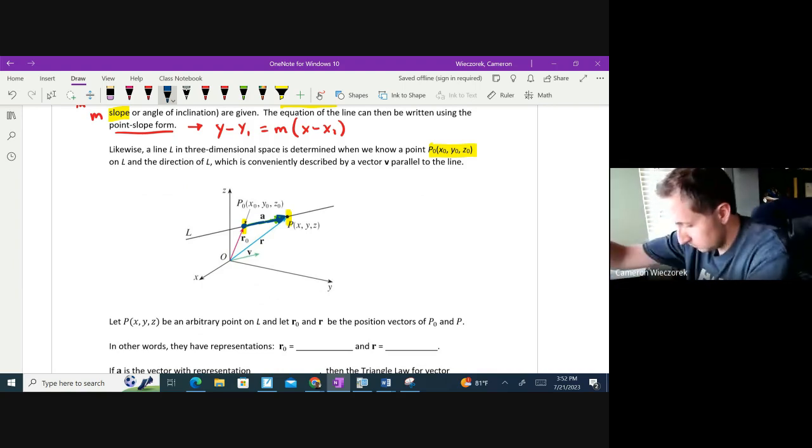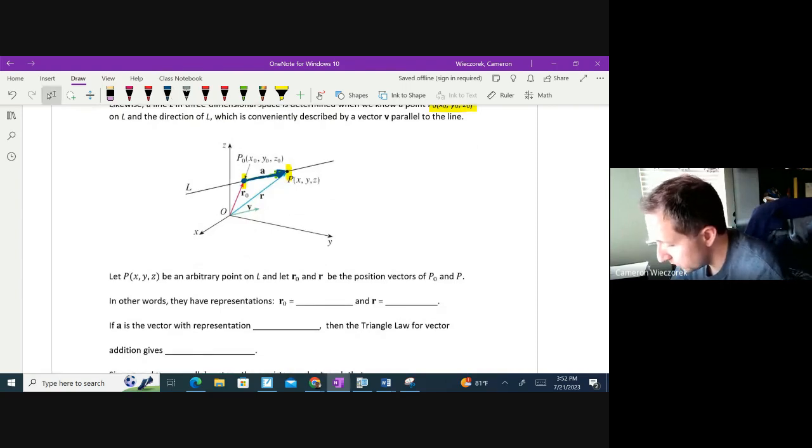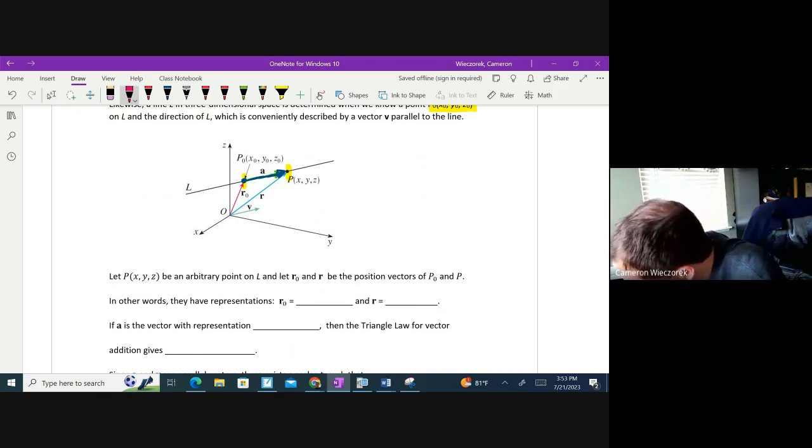So, as I mentioned, let's let P be some arbitrary point on the line given by x, y, z. And what we're going to do is connect vectors to the initial point and the terminal point. So I'm going to call this one here, R sub 0, going from the origin to P naught.